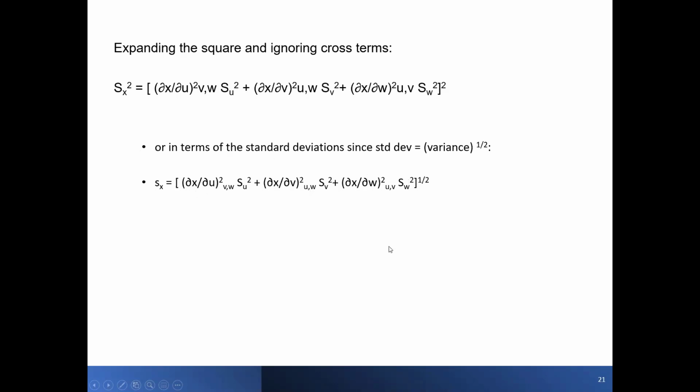So you don't need to know every detail about the mathematical operation, but you do need to know the standard deviation equals the square root of the sum of the squares of the partial differential times the standard deviation of that variable. The last equation here is the equation you will use to calculate the errors in your propagated result.